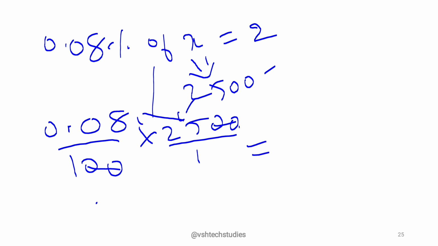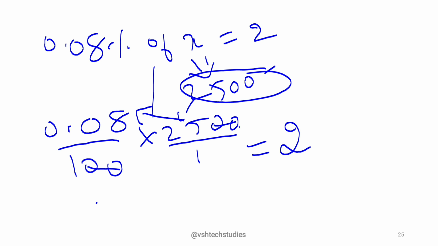So 25 into 0.08 comes out to be 2. Hence our answer, 2,500 meters, is what the inspector will have checked, out of which 0.08% is defective.